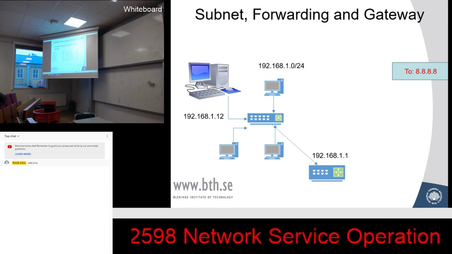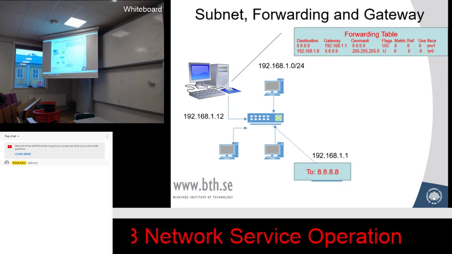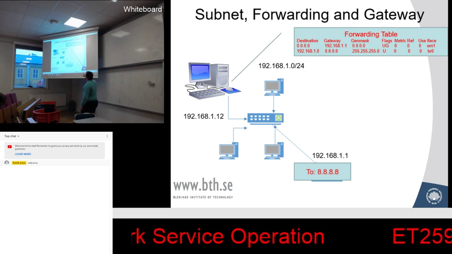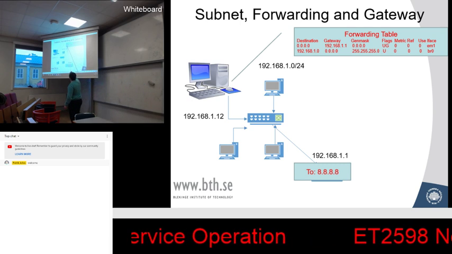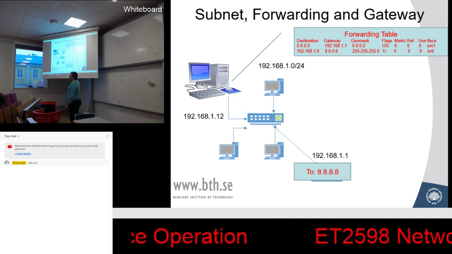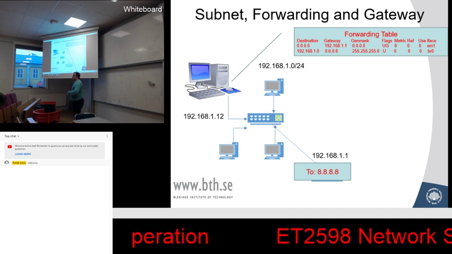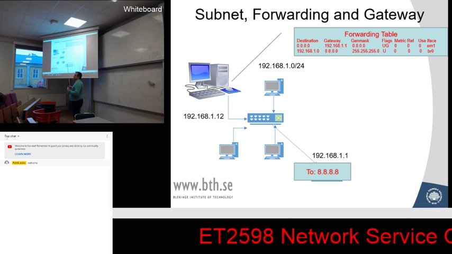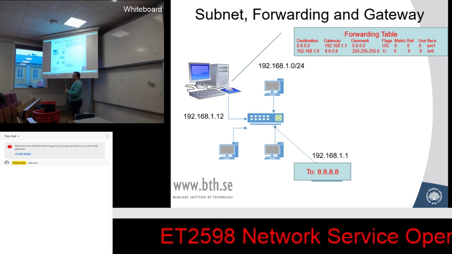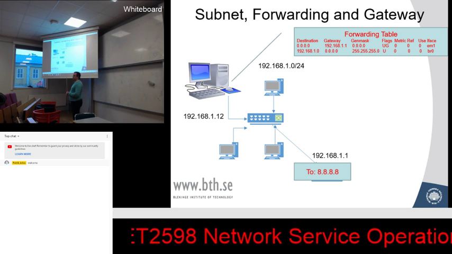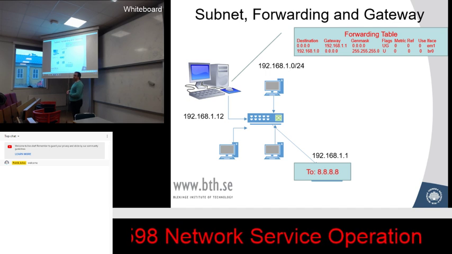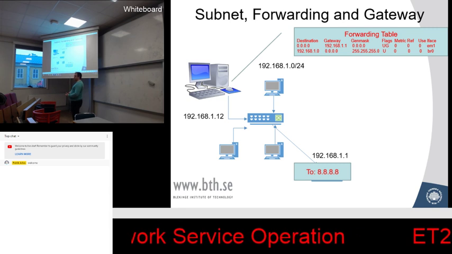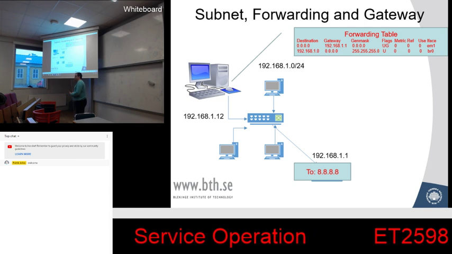But just one thing to mention here. This entry is called the gateway of last resort, or the default router. This is the one that catches those packets where you haven't found a match in any of your known paths. So it's the gateway of last resort.